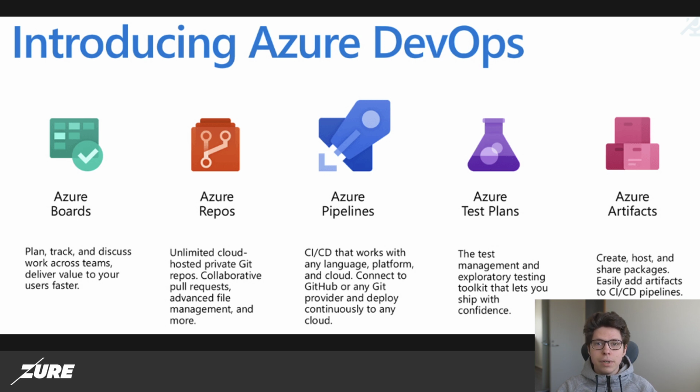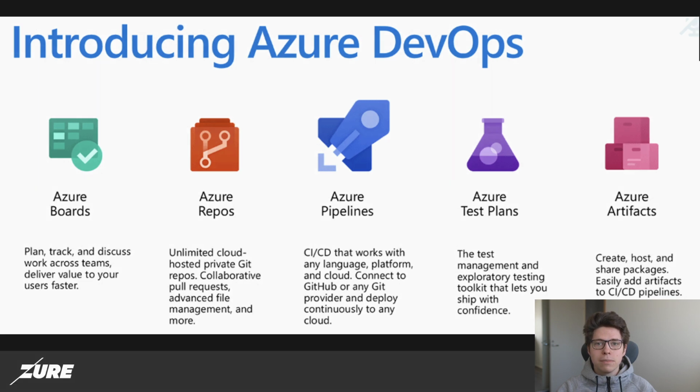Then the star of the show today, Azure Pipelines, which are a CI/CD tool. And then you have Azure Test Plans, which is kind of a manual testing, test management suite. And then Azure Artifacts, which allows you to do NuGet package feeds, and it's kind of an underlying service, transferring packages from pipelines to others.